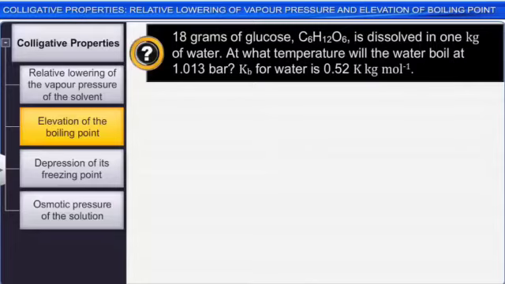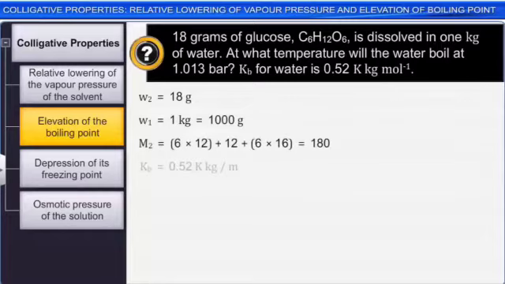Kb for water is 0.52 Kelvin kg per mole. The first step is to list the variables given to us. W2 is equal to 18 grams. W1 is 1 kg. And Kb is equal to 0.52 Kelvin kg per mole.